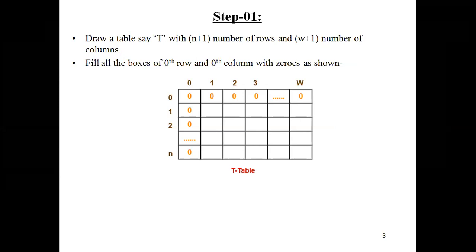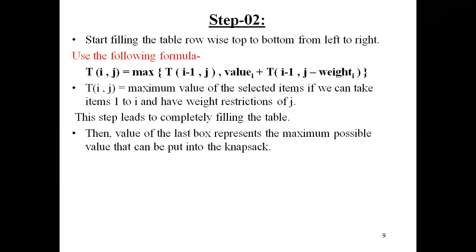So the table size is (n+1) multiplied by (W+1). That's why (n+1)(W+1) entries are made in the table by using the formula T(i, j).